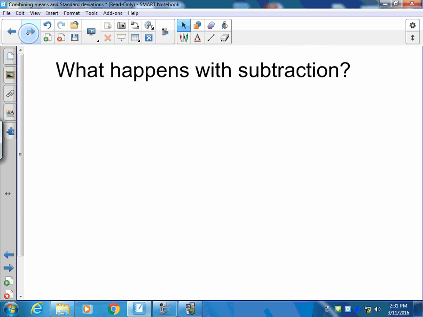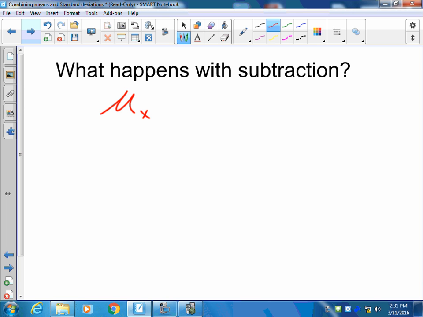Now, we've got one thing left here. What happens with subtraction? Okay, if we're wanting to deal with subtraction here, so if we want to do the mean value of x minus y, you can probably guess with mean values, we do exactly what we see.